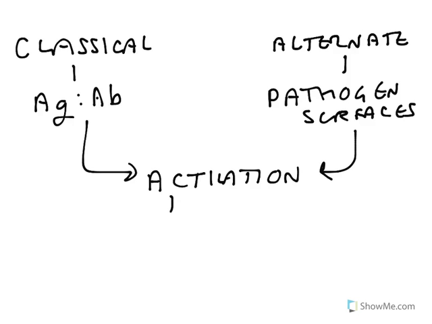The first effector system, which can occur upon activation of the complement cascade, is recruitment of immune cells. So various components of the complement system, once they are activated, can actually attract immune cells and make immune cells come to the site of the infection.